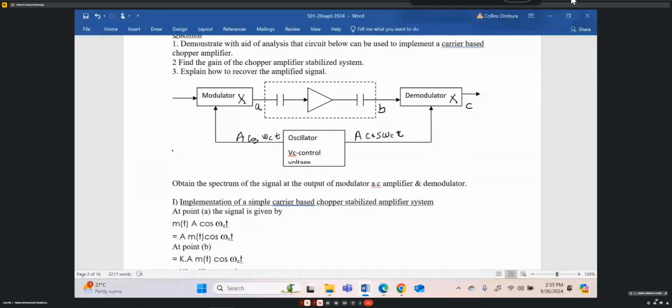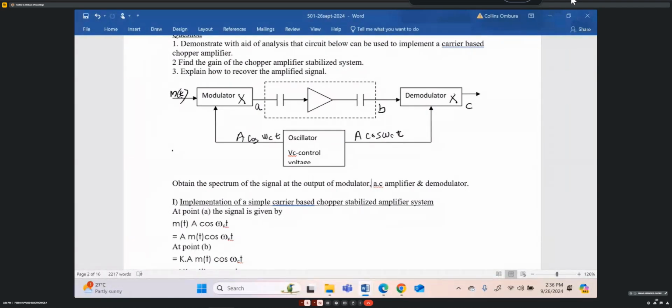Okay, then you're told to obtain the spectrum of the signal at the output of your modulator. You should read, modulator, comma, AC amplifier, and the demodulator. So my signal would be m(t).